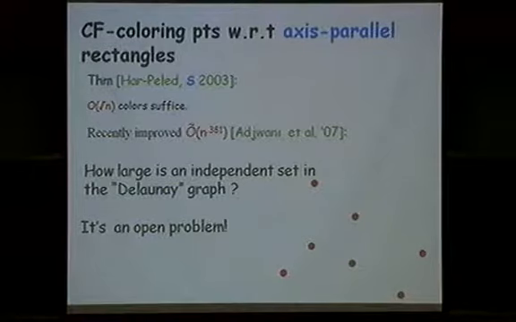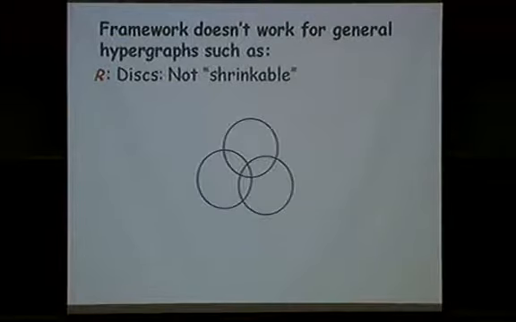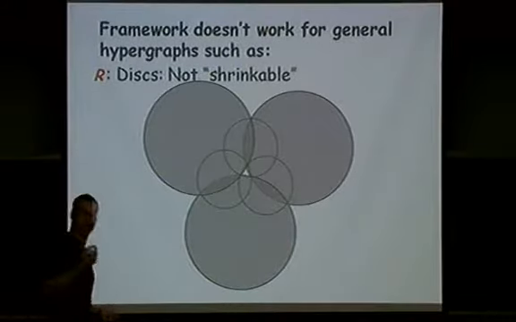But this is all for a shrinkable hypergraph, so any hyperedge has an edge. So this framework does not work for disks, for example. Now we go back to the original question about coloring disks, not points. Suppose we want to color these 6 disks. So the hypergraph again is the Venn diagram now.